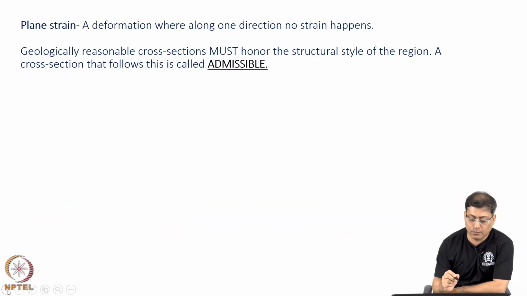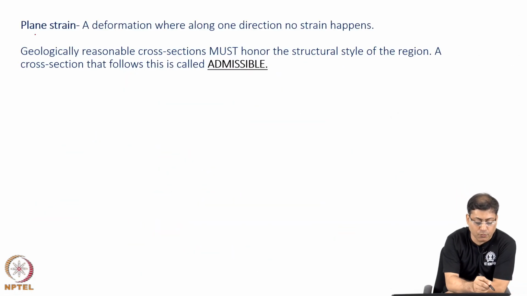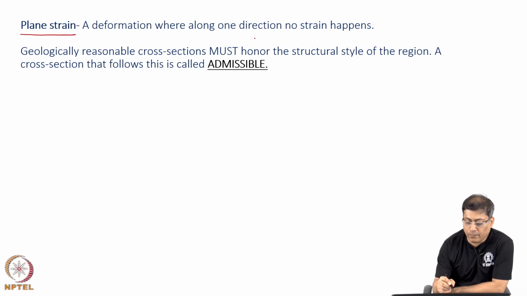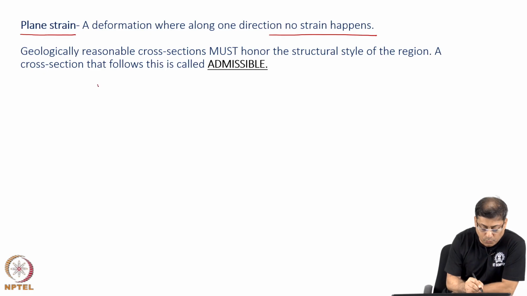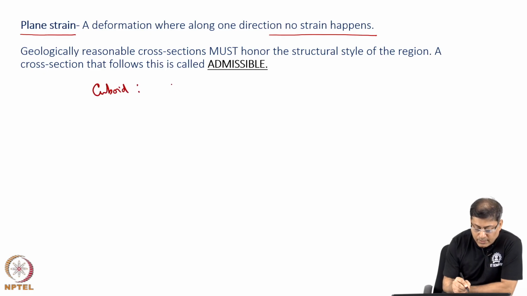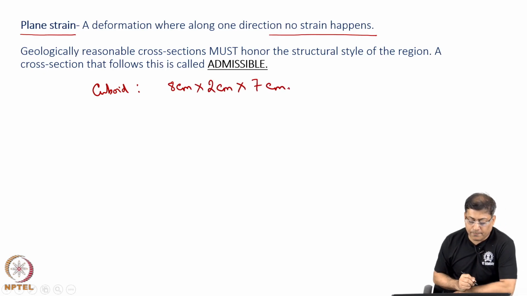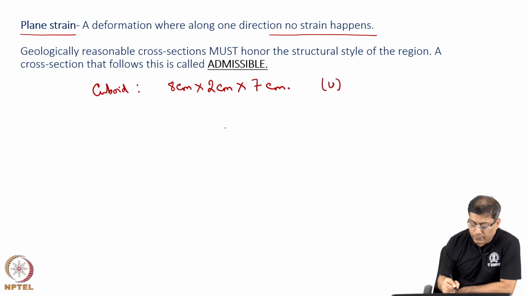Again, to proceed with cross section balancing, a few terms are to be revisited. What is a plane strain? It is a deformation where along one direction no strain takes place. Consider a cuboid with dimension 8 centimeter multiplied by 2 centimeter multiplied by 7 centimeter. This is the initial undeformed condition.